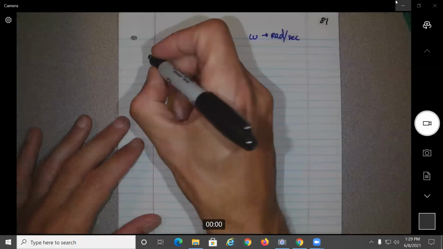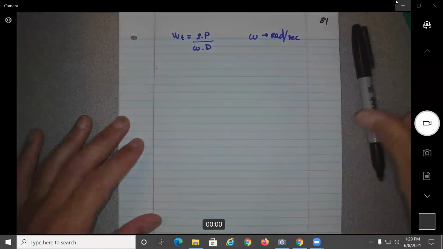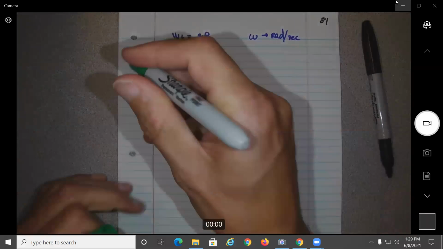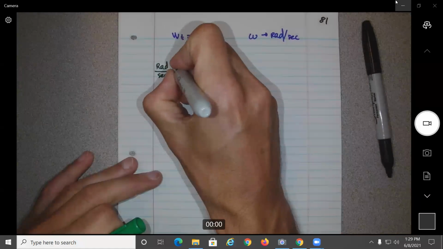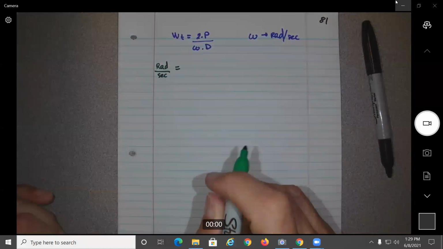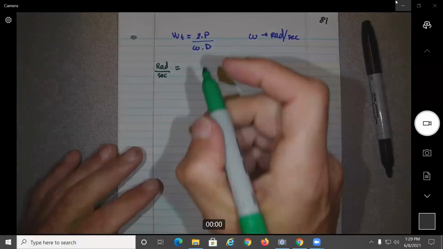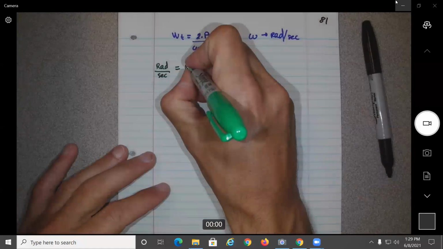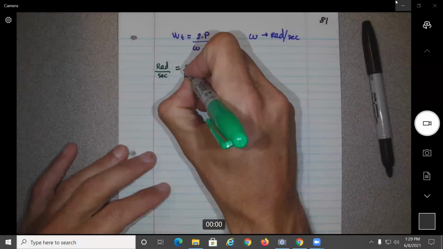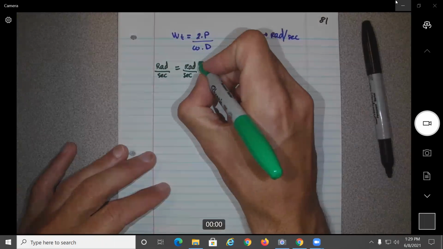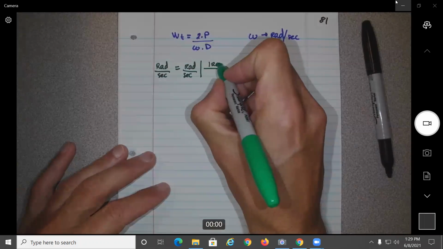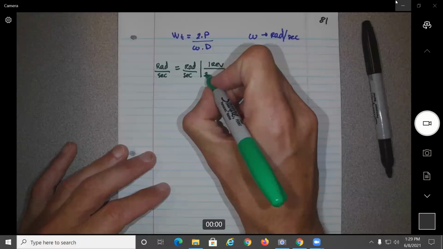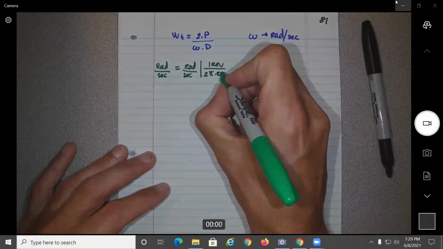So let's say we know omega, so we have radians per second. So it should be equal to what? Radians per second. So I need to transform that into RPM. We know 1 revolution is a full circle, so 2 pi radians.